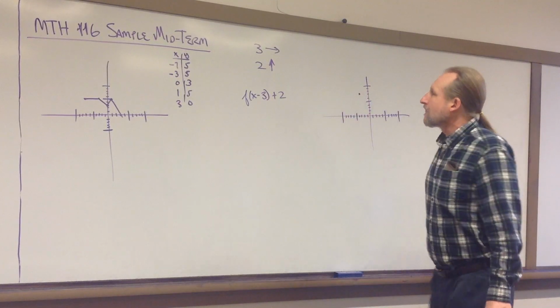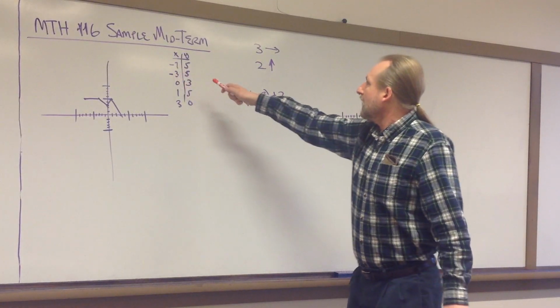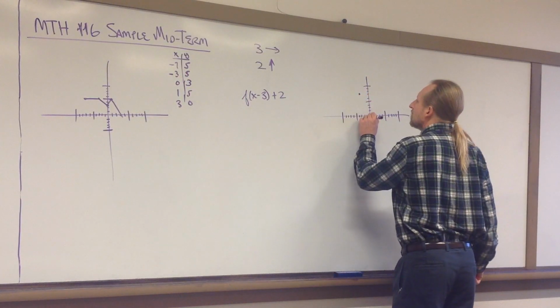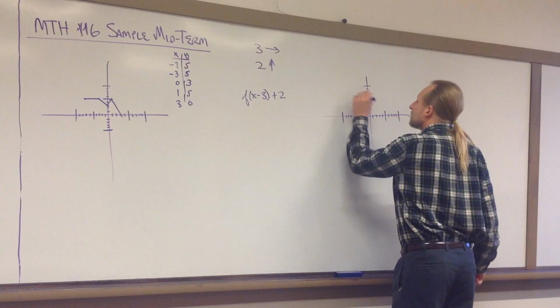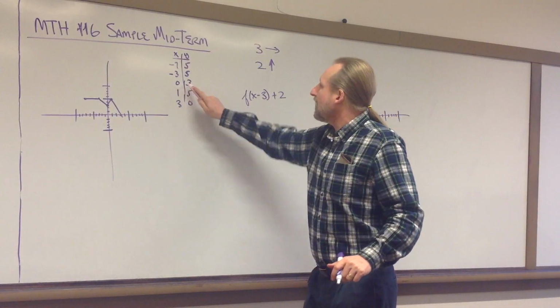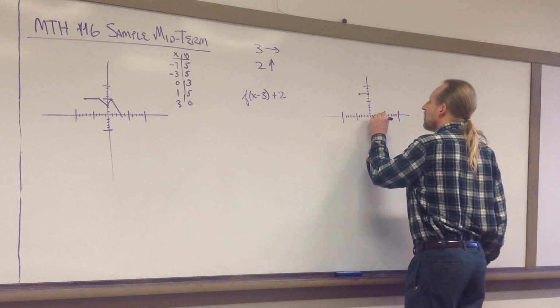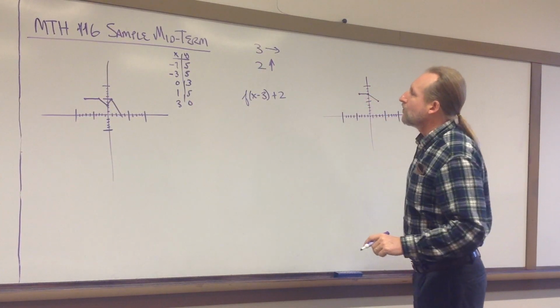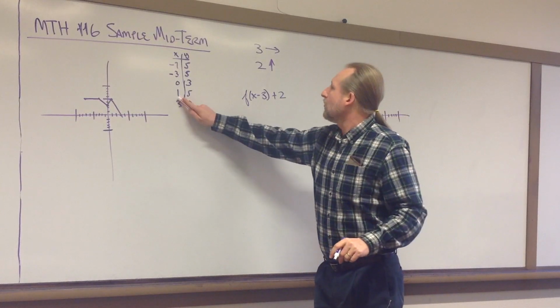There it is. Same thing here. The x will be 0, the y will be 7. Oh, there's that first piece right there. This next part, this will be 3, 5. And then 1, 5, so this will be 4, 7.